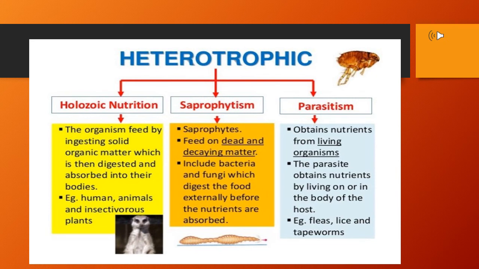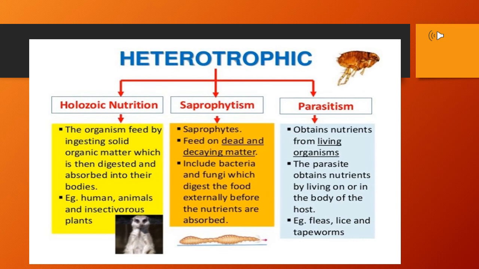The last one is holozoic nutrition. In holozoic nutrition, the organism takes organic food into its body by the process of ingestion, and then digests it and absorbs it into the body cells, and the undigested food is egested out from the body.